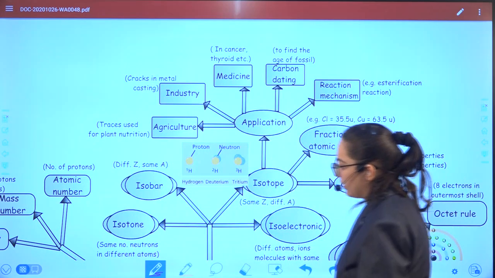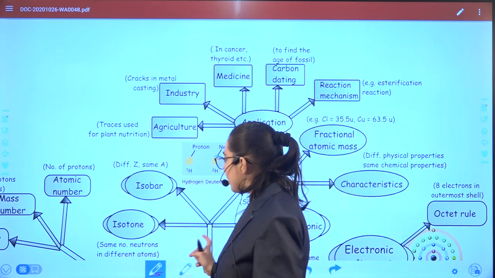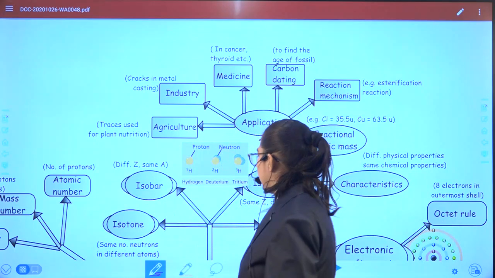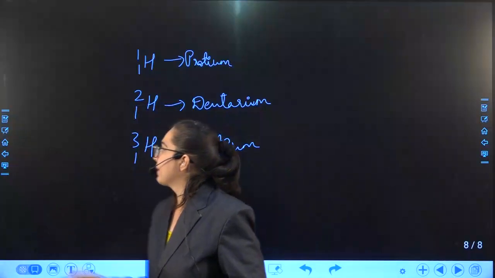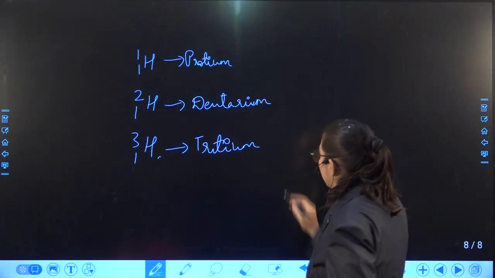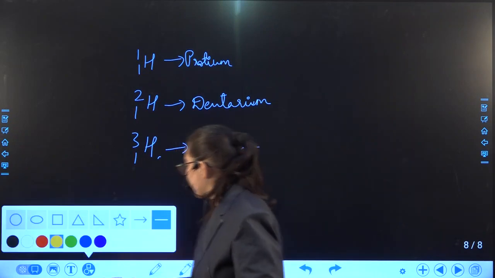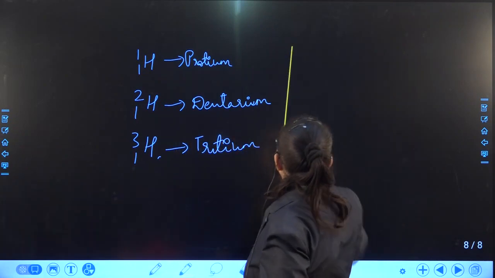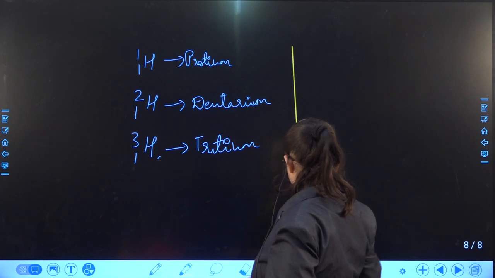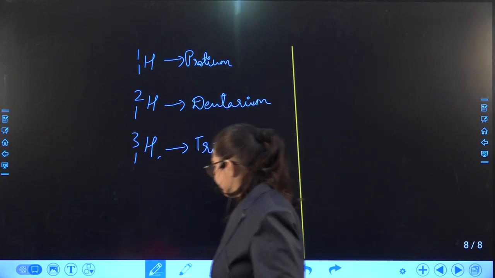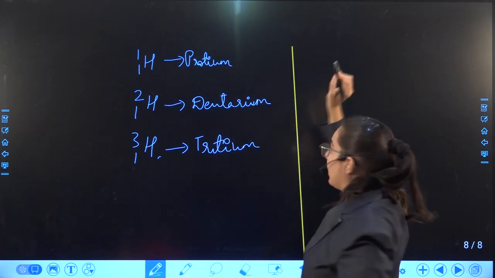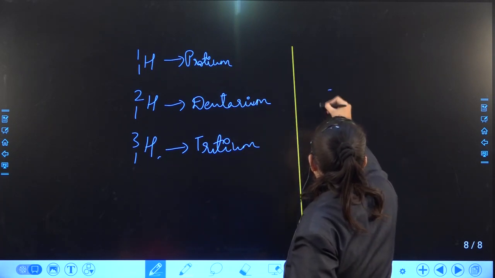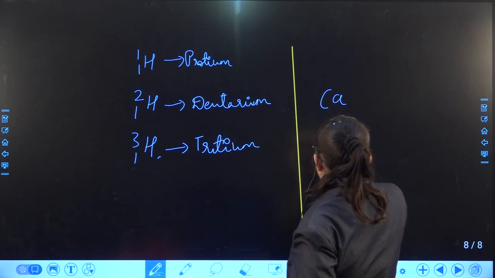The next thing is isobars. If we talk about isobars, the example of isobars is calcium and argon.